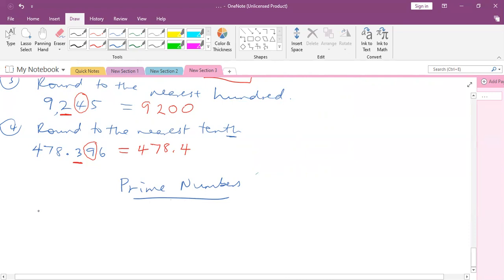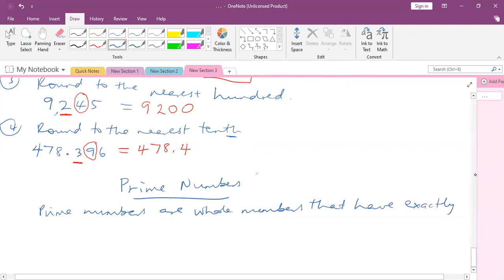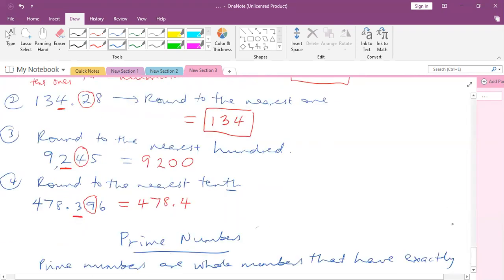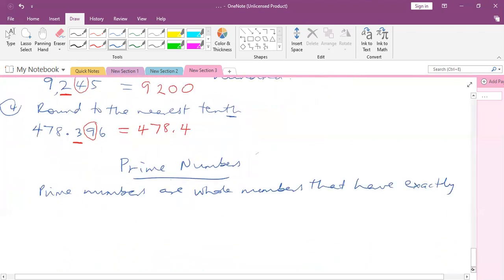So prime numbers are whole numbers, the keyword, whole numbers, that have exactly two whole number factors.